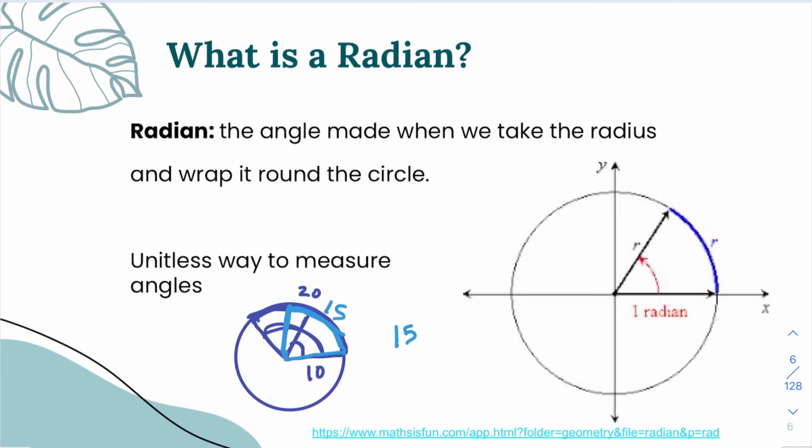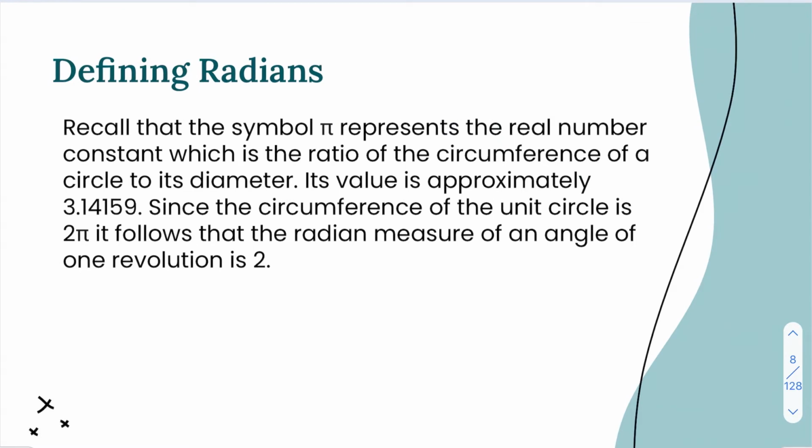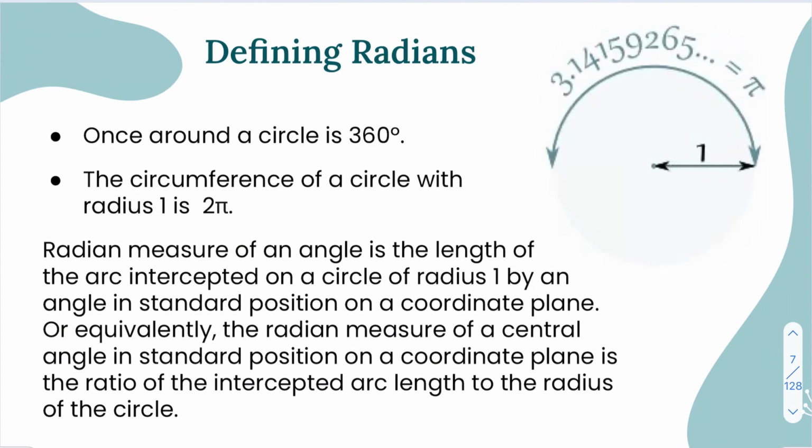If this was an arc length of 15, the radius is 10. So this angle right here is 1.5 radians. So the measure of an angle in radians is the ratio of the arc length to the radius. Okay, it's the ratio of the intercepted arc length to the radius.